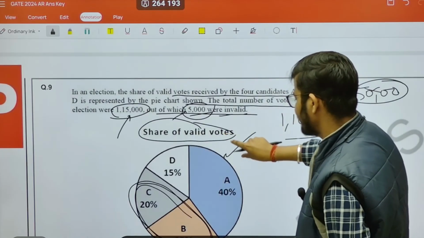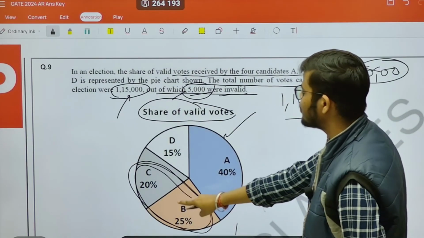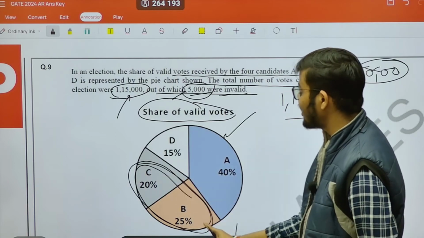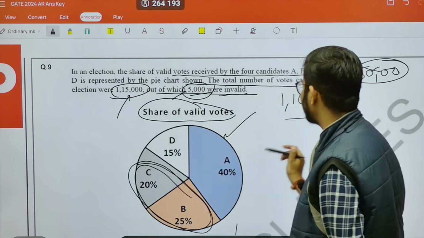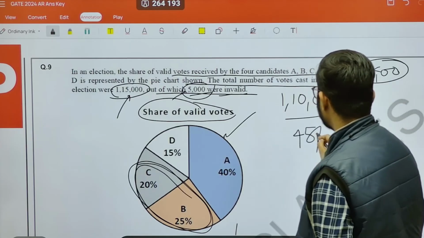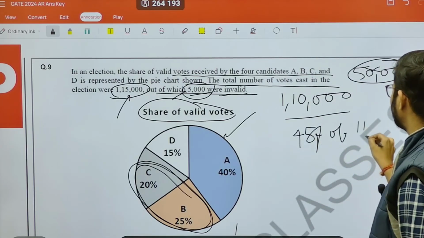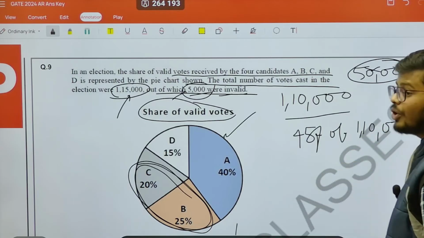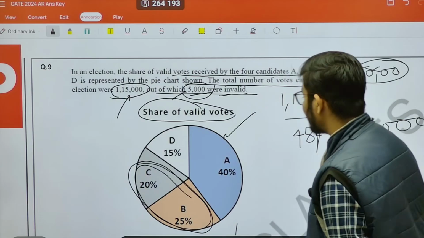B and C. Okay. In favor of B, 25% of votes were polled, and in favor of C, 20%. If you add it, that means 45% of votes are going towards B and C. So just calculate 45% of 1,10,000. Simply you will get the answer in only one line if you have the right knowledge of solving questions based on percentage.